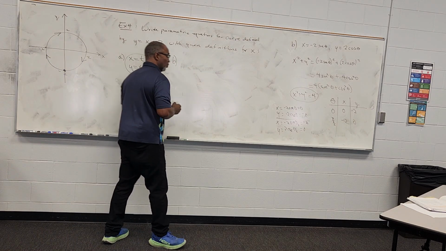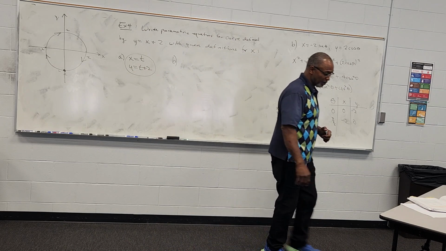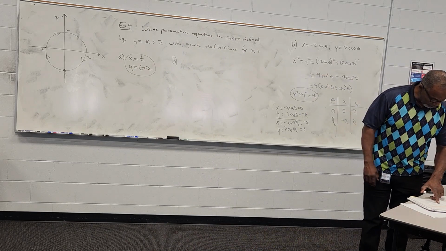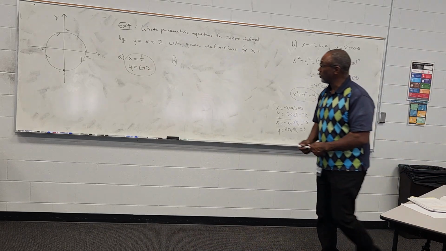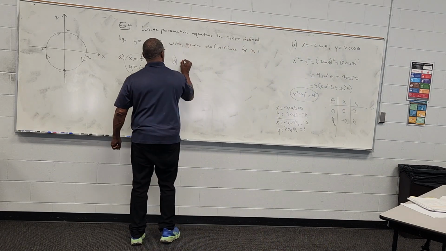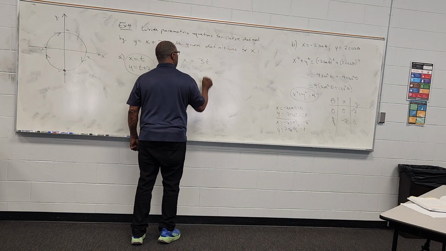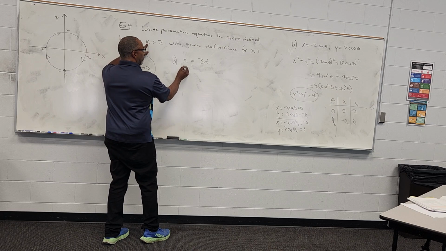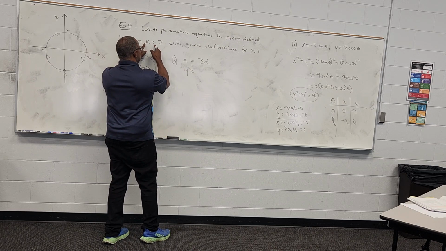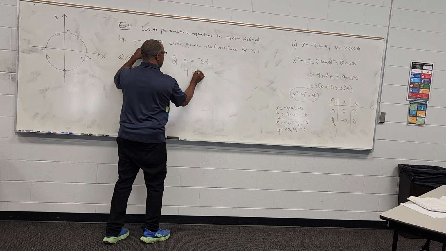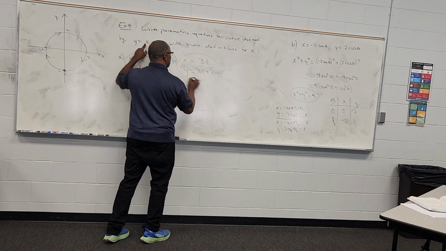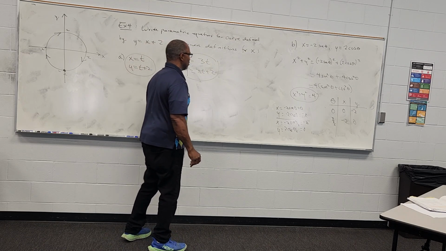B, we're going to graph it and look at the differences in the graphs in a moment. B, x equals 3t. But again, y is whatever x is plus 2. X is 3t, so y would be 3t plus 2. There's a set of parametric equations when x is 3t.